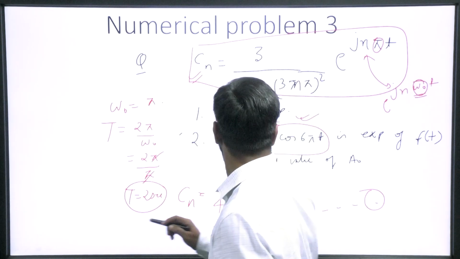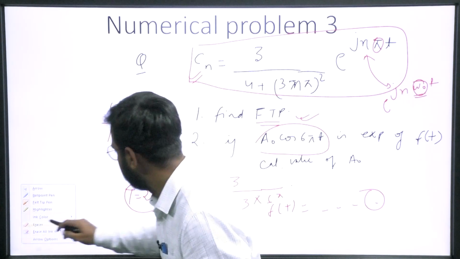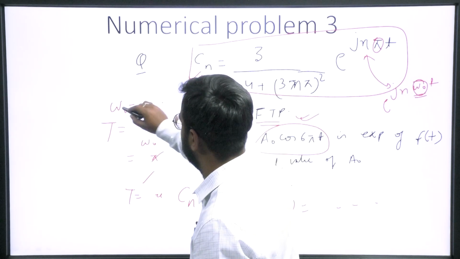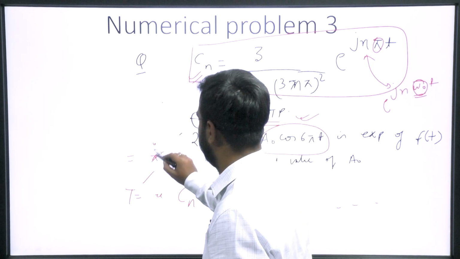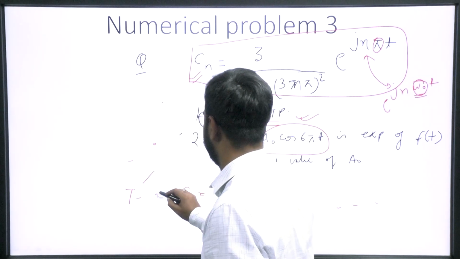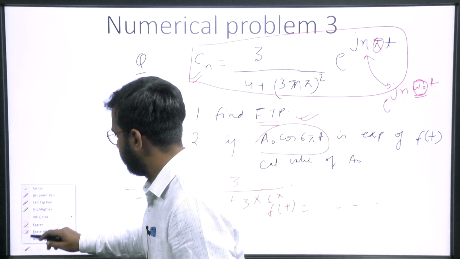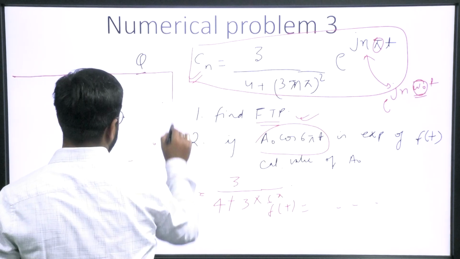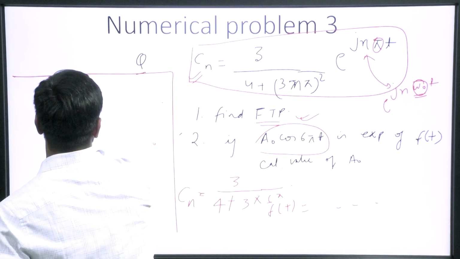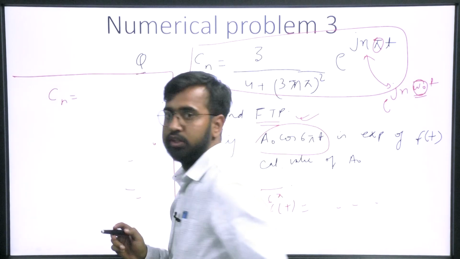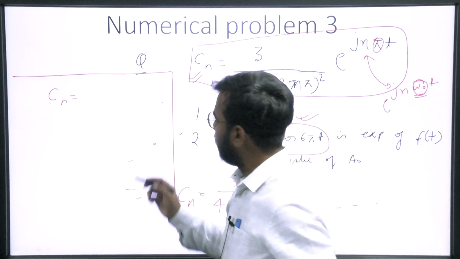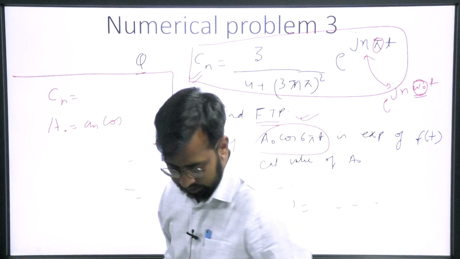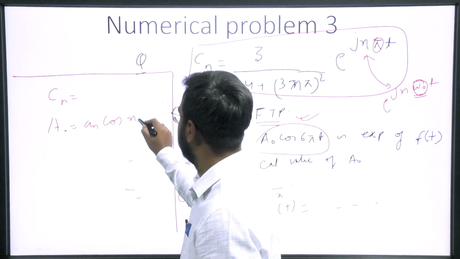Let me get some space here to solve. What is it saying? Basically we know Cn is related to a naught cos 6 pi t. In the expansion, a naught is an cos n omega naught t.